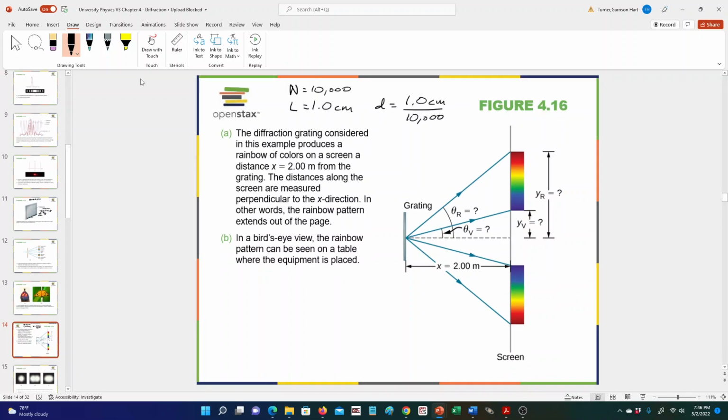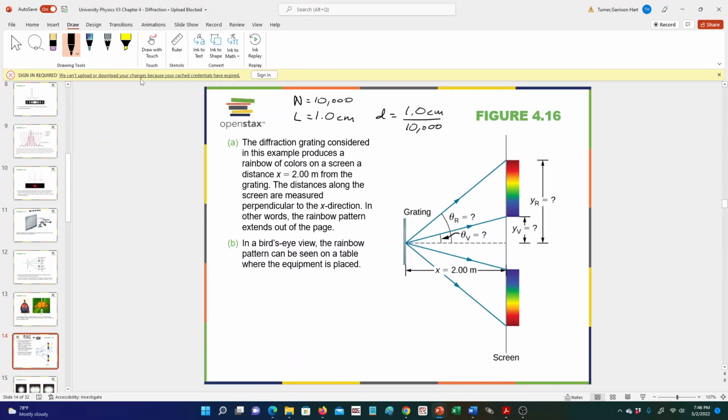And so from that, if you know the distance between your grating and your screen, you can use the trigonometry. You can calculate what the angle would be for each individual color if you know their wavelength.